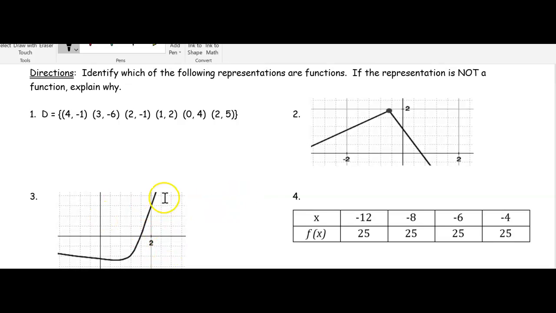Let's see if you remember how we did this when you were given just a set of points. Recall, one x value can be paired with one and only one y value. And if this set of points satisfies that, then we're good. And if it doesn't, then you would say it's not a function. So look at that and see what you think. See if you remember these.